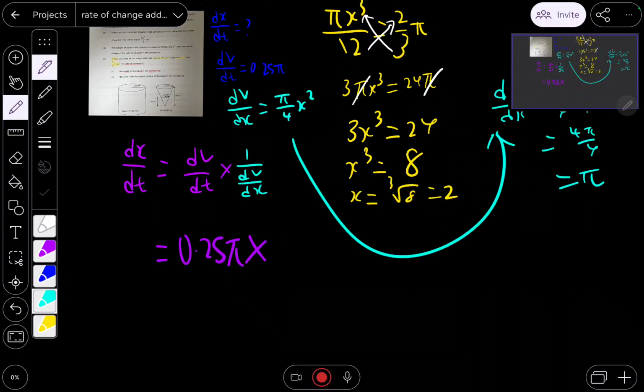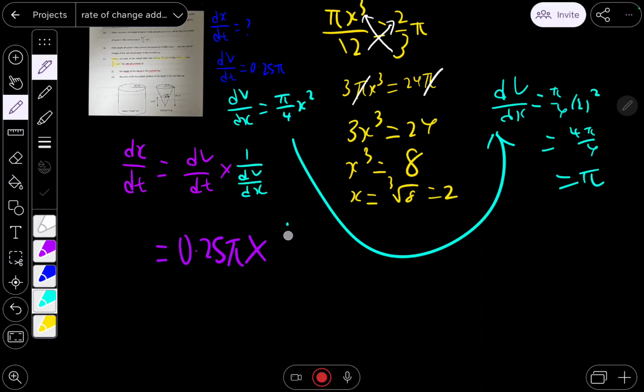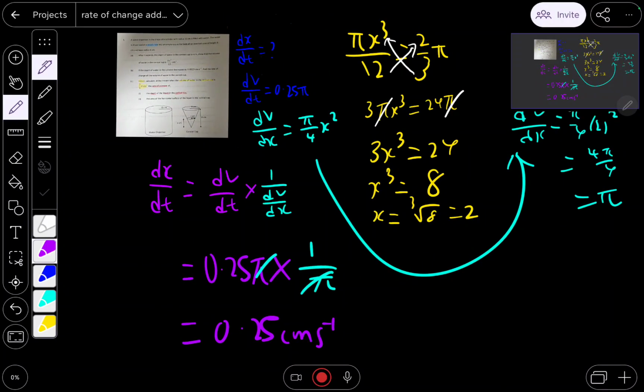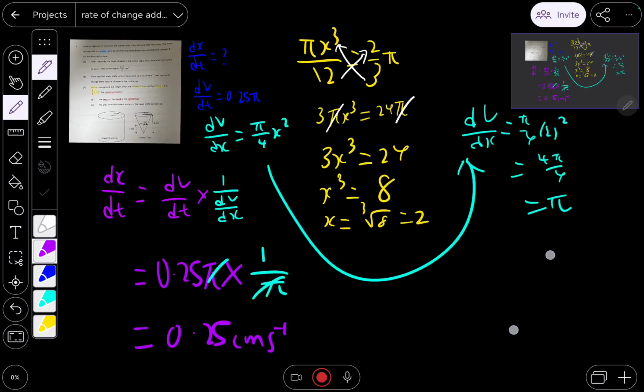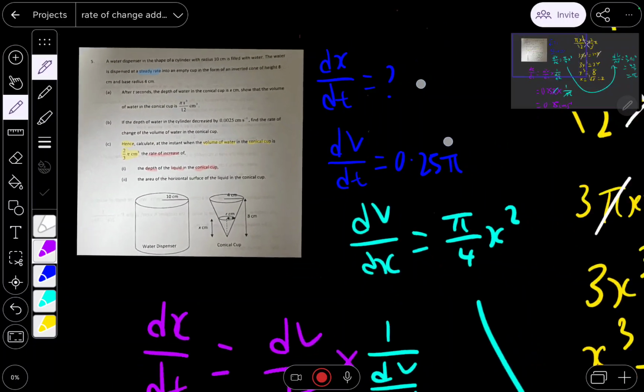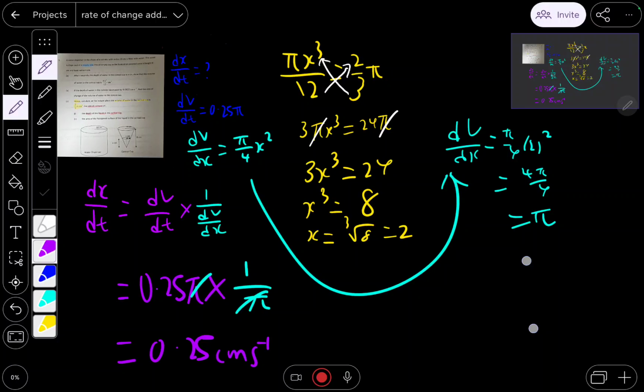So 0.25 pi times 1 over pi. The pi and pi can cancel. Therefore, this is 0.25 cm per second. Okay, so this should be your answer. I don't have the answer here right now, I'm just doing it. So this is part C, part 1.